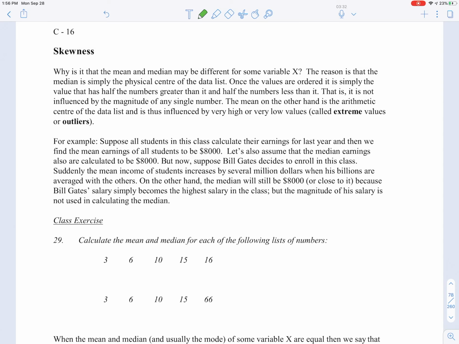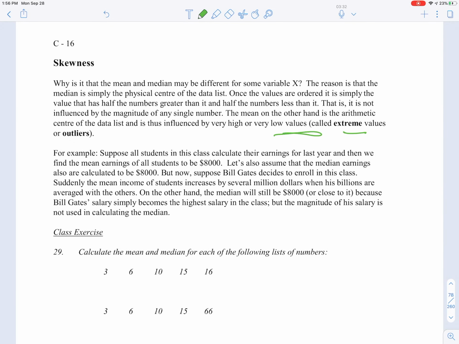The problem is that they can differ because of extreme values, either very high values or very low values. So the example that I talked about in class here is Bill Gates. And so we might be looking at the average income of students from last year, and let's say it turned out to be, I guess I put a number down here, of $8,000. Now, some of you were in school, and so you didn't make any money maybe, or very few dollars in the summer, and a number of you were working full-time, and so you might have made several tens of thousands of dollars.